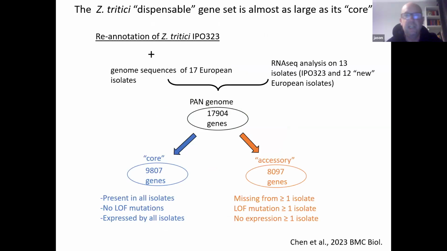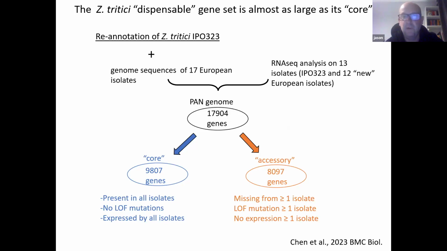So we did a little pangenome analysis, not as big as some others have done, but a very focused and targeted one, which we started with reannotating the IPO323 genome, which needed a little bit of work. And then we took genome sequences of 17 other European isolates that we collected as far west as Ireland and as far east as Poland.